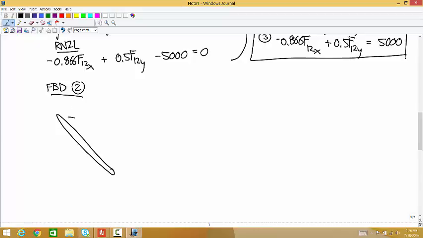Up at the top, okay, so think about this now. The pin is part of member 1. So member 2 touches the pin, so it touches 1, but it doesn't have any contact directly with that 10,000 Newton force. So all we have here is F21, which is negative F12.